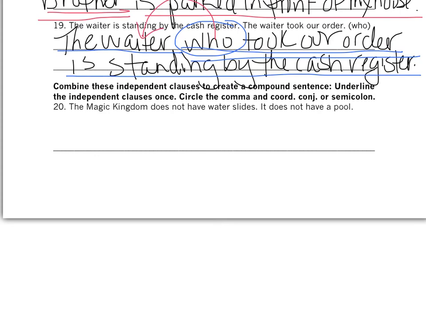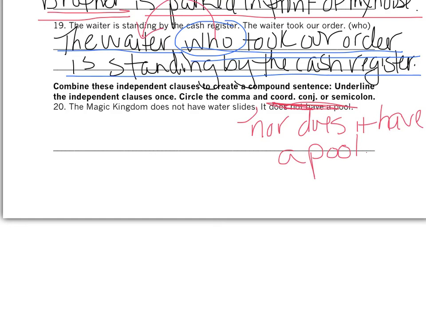Finally, take these two independent clauses down here and let's just make a compound sentence. And this is so easy.